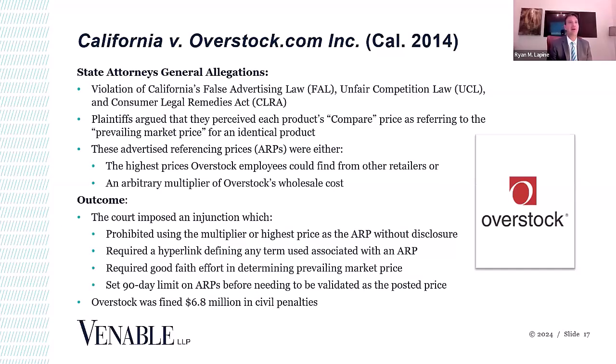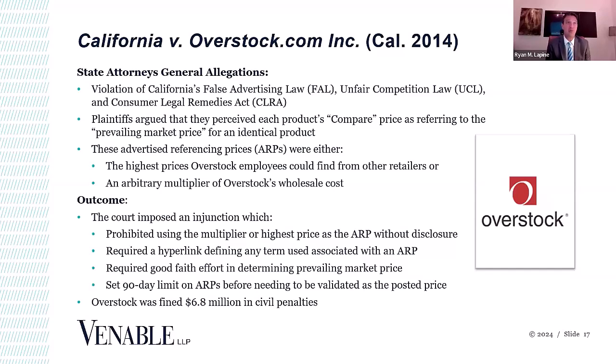And it turns out that they were doing this in 3 ways. What Overstock was doing was, we talked about this earlier, they were comparing non-identical goods. And we talked about my phone. So they would say that the list price for phones is X, but they weren't comparing the same type of phone, which created a higher list price. Secondly, they were scouring the market to find the highest possible price.